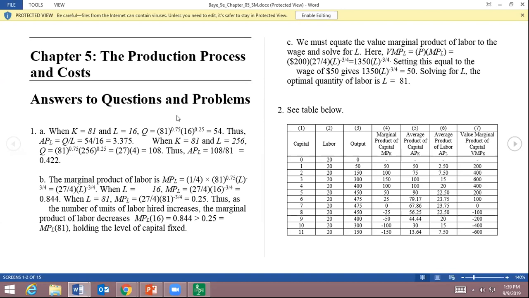Let's do another one similar to this. Let's do number 13. Any questions on this? Depending on the functional form, depending on the exponents of the K. Yes, exactly. All right.